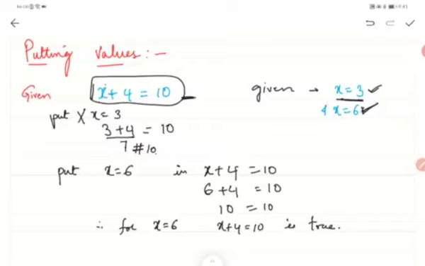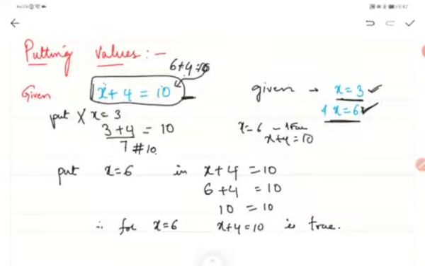Now one more value is given in the question itself, x equal to 6. So if I substitute 6 here, 6 plus 4 is how much? 10, isn't it? 6, 7, 8, 9, 10. So this gives you the RHS value, that is 10. Therefore for x equal to 6, it is true. For x equal to 6, x plus 4 is equal to 10.